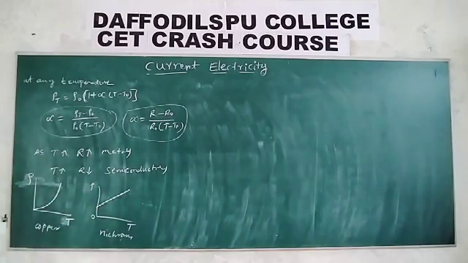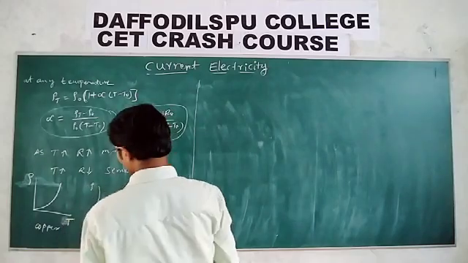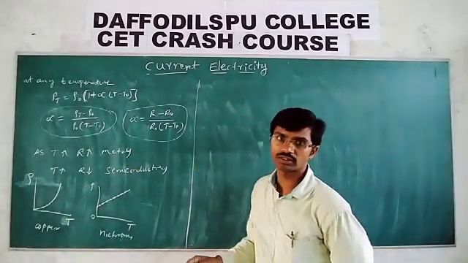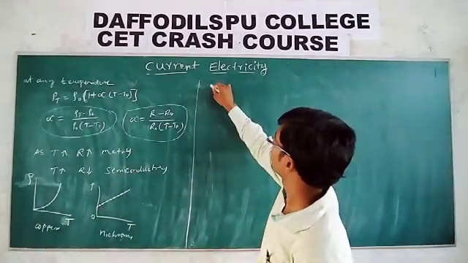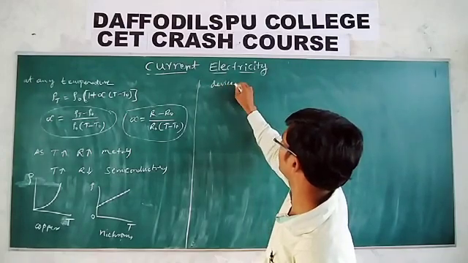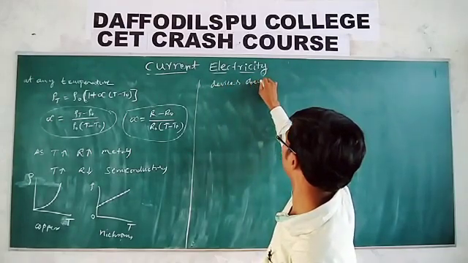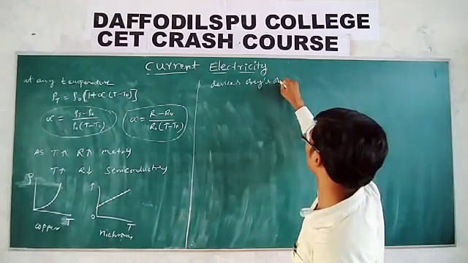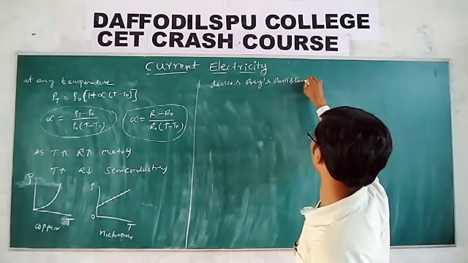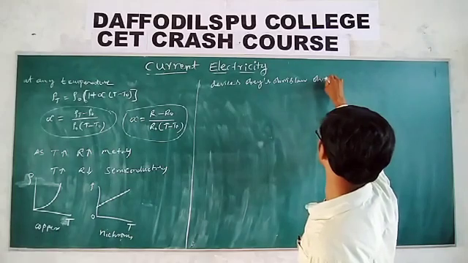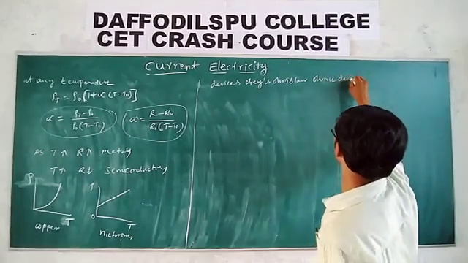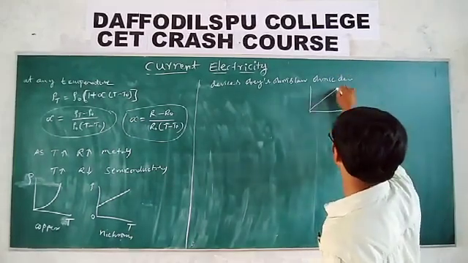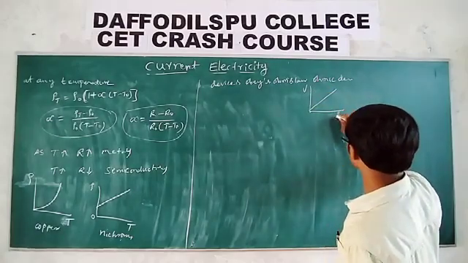Now, what would be the intentions of this Ohm's law? The devices which obey Ohm's law are called ohmic devices. For these, the VI graph is a straight line.